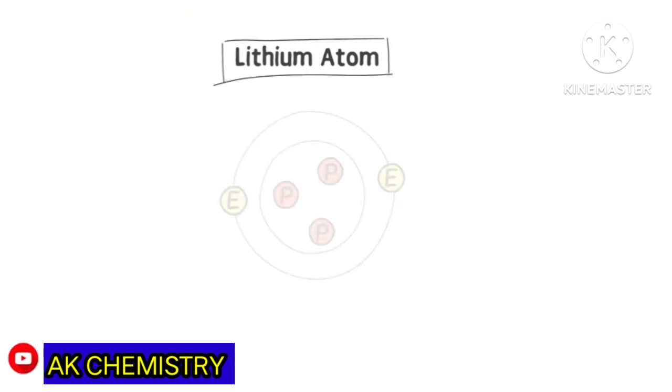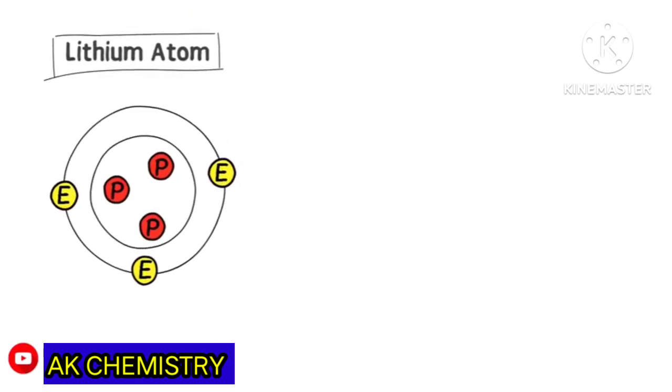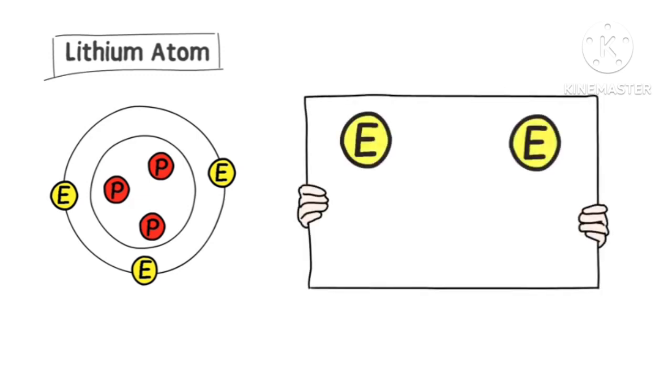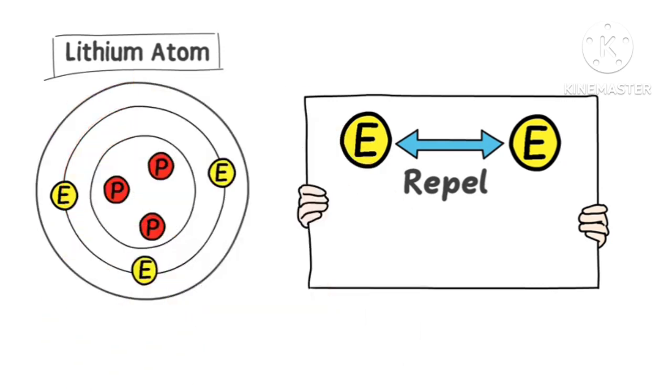Secondly, consider an atom of lithium. There are 3 protons in the nucleus of the lithium atom, and there are 3 electrons revolving around the nucleus. Just like protons, electrons also repel one another. But there is not only one shell or energy level in the lithium atom, there are 2 shells or 2 energy levels.